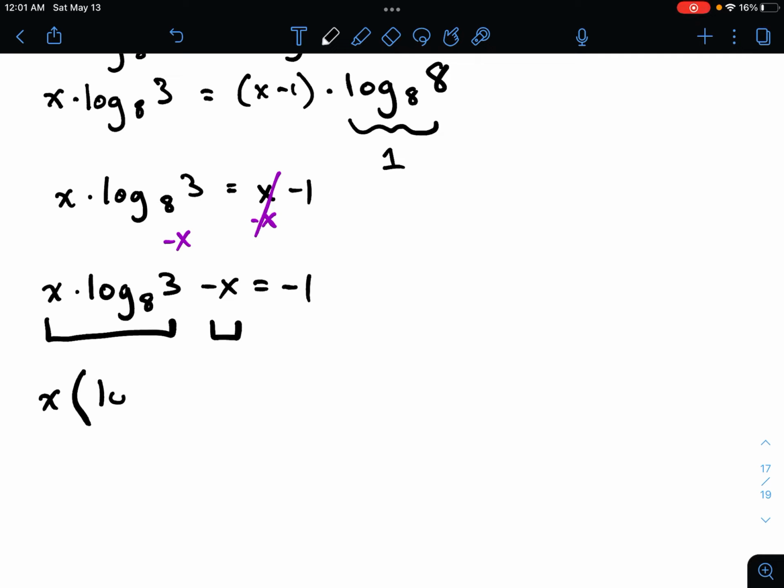That's going to leave me with log base 8 of 3 minus 1. Right? If I distribute, x times log base 8 of 3 is this right here, and x times -1 is this right here. So it does check out, it does work. And that's going to equal my -1. And would you look at that, we just turned two of these x's into a single x here. So x is now all by itself. We just got one of them, which is great.